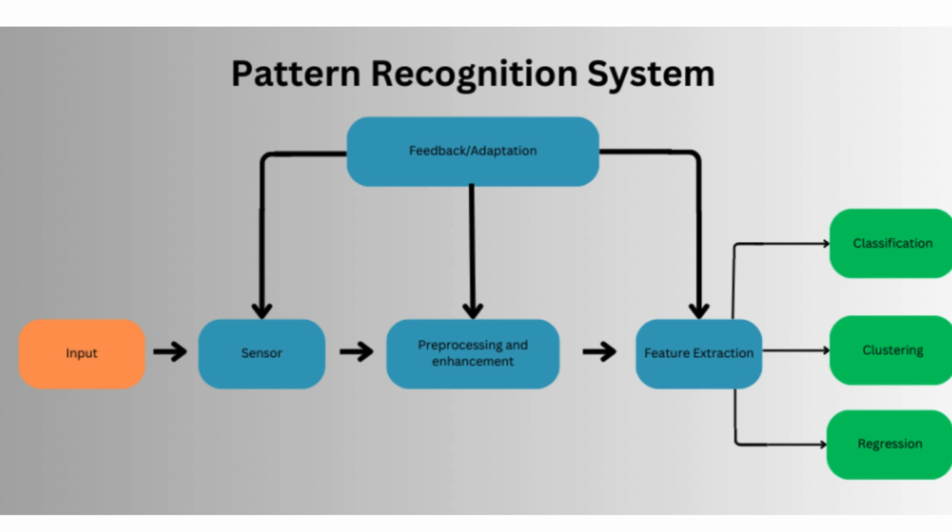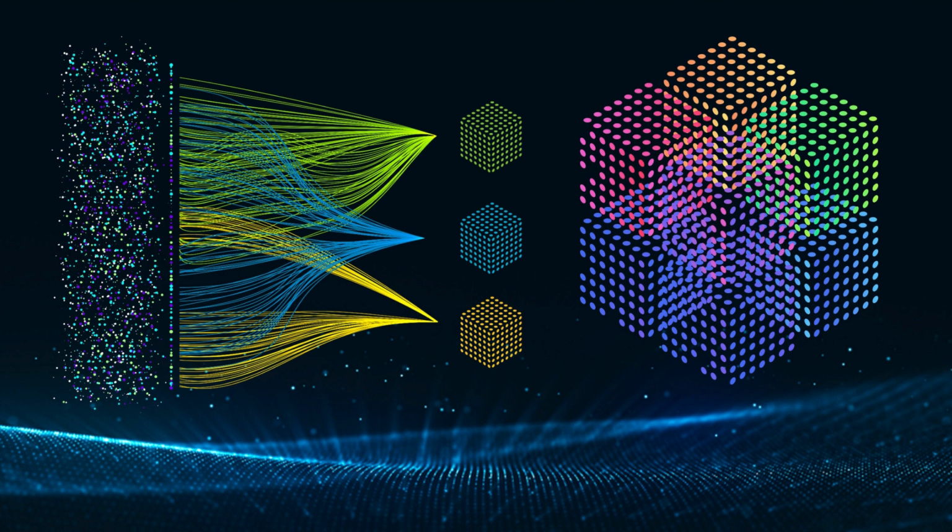In speech recognition, the system can understand and process human language, leading to advancements in virtual assistants and transcription services. So, some examples of pattern recognition tasks include optical character recognition (OCR), which involves converting different types of documents, such as scanned paper documents, PDFs, and images captured by a digital camera, into editable and searchable data.